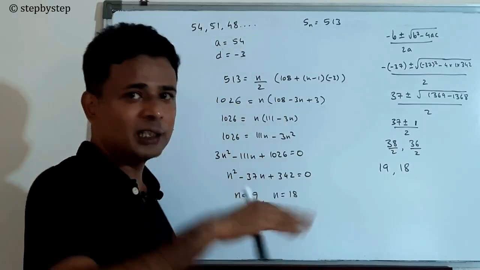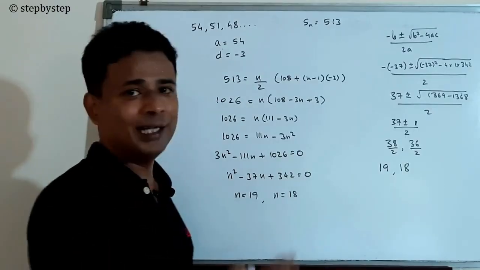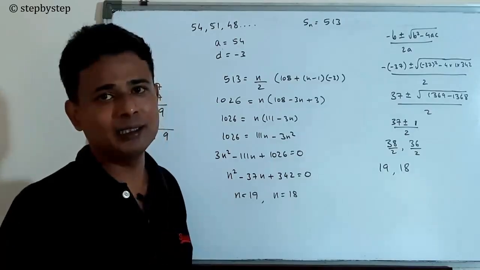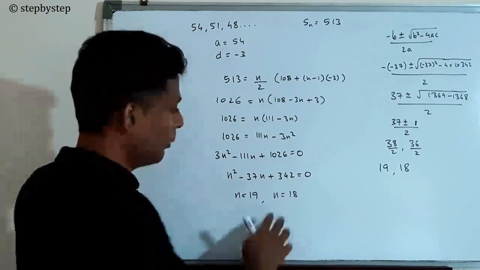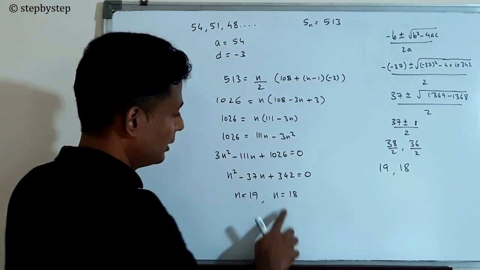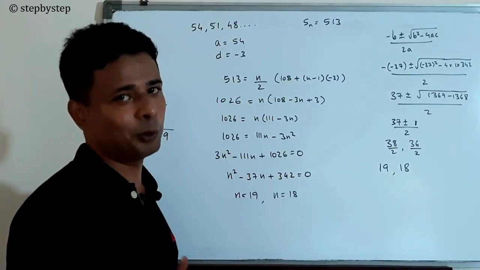Then we do plus 48, it becomes more than 105. It reaches up to a certain point. And then when the negative terms start, the sum will start decreasing. Which is why in a decreasing AP, there are chances that the sums of two different numbers of terms can be the same, which means the 19th term will be 0.